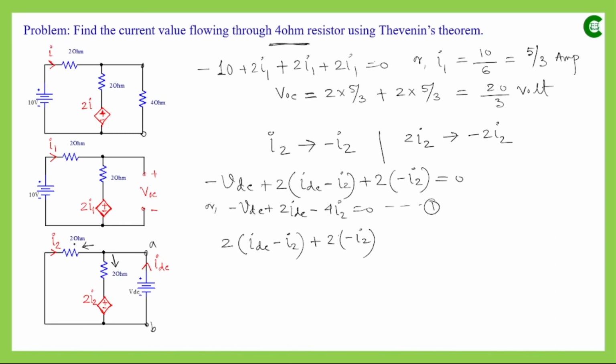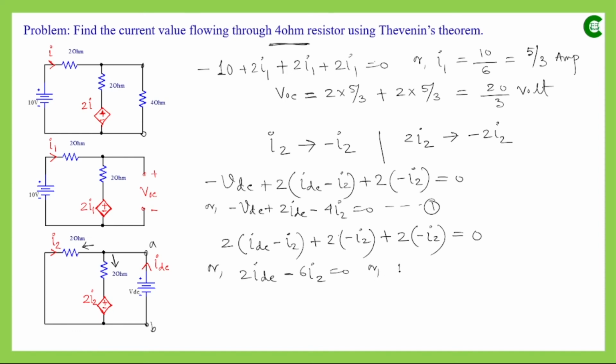Then the voltage drop across this 2 ohm resistor, as per the I2 convention, will be from positive to negative terminal, but I2 itself is negative, so it will be minus I2. And if we follow this direction, since current is flowing in this direction, this will be negative and this will be positive, so that way also we get minus 2I2, and this will be equal to 0. So from here we get 2IDC minus 2I2 minus 2I2 minus 2I2, so it will be 6I2, that will be equal to 0.